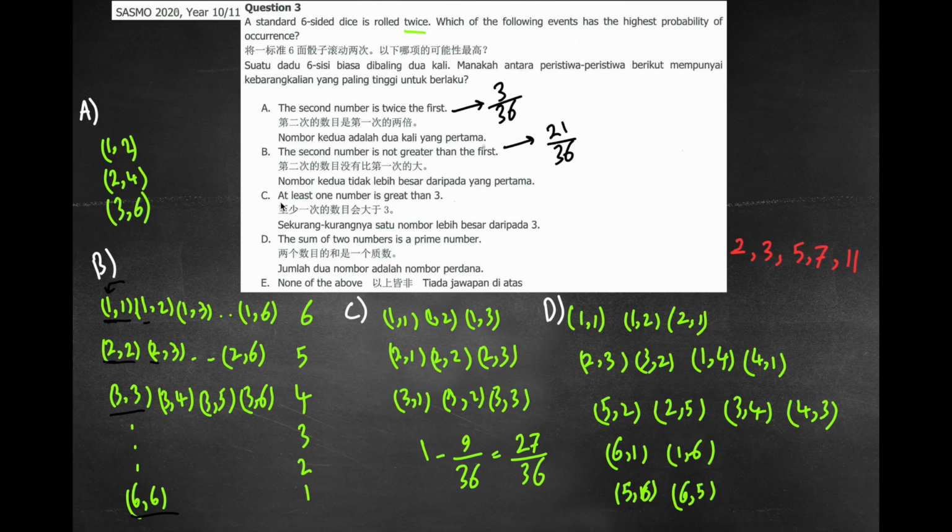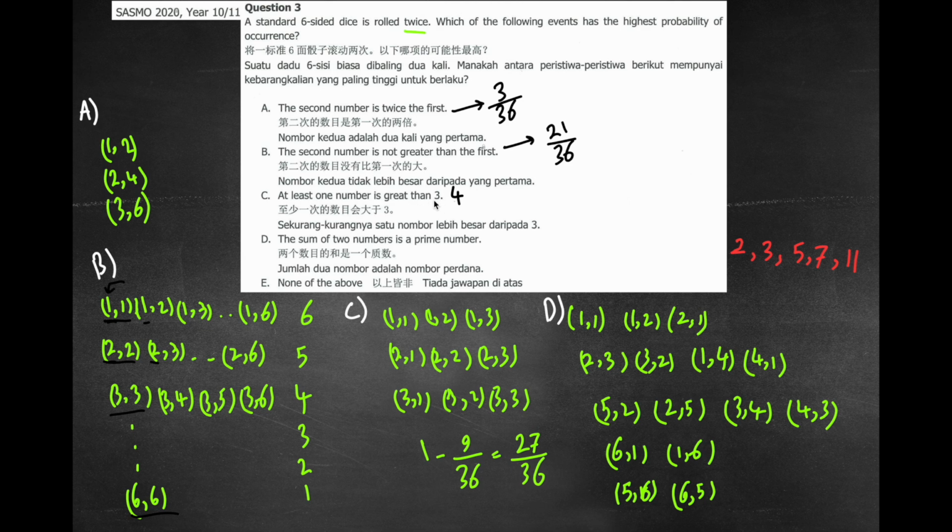Now for part C, what's the probability that at least one number is greater than 3? That's going to be a lot of cases, so I'd rather look at the question the other way around and count those cases where everything is 3 or less, because greater than 3 means 4 and above.